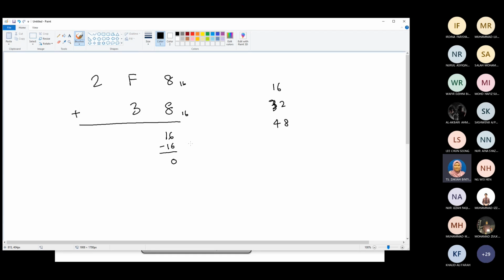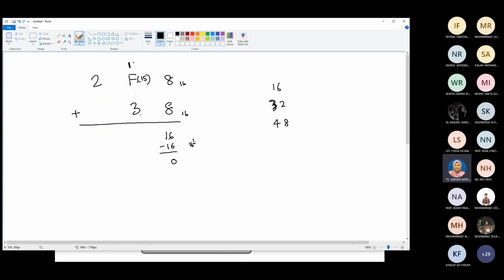So this would become 16 power of 1, so 1 here will be carried forward to the next bit. So 1 plus F plus 3. Your mind will try to add, okay, F is 15.